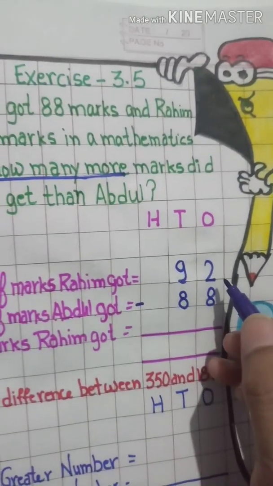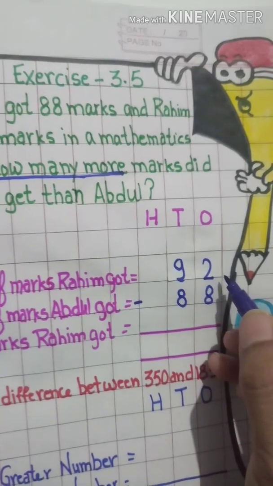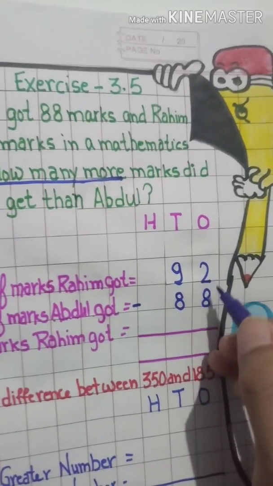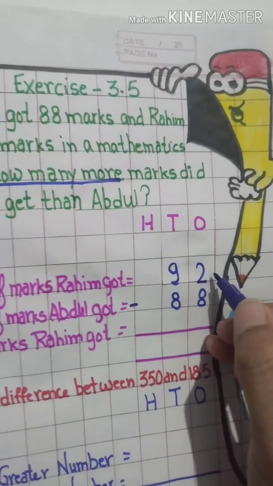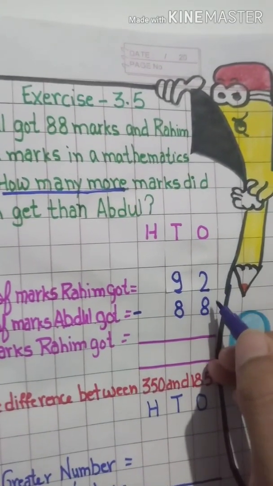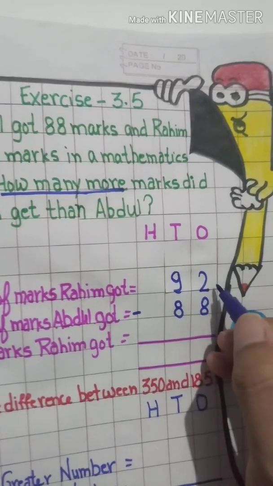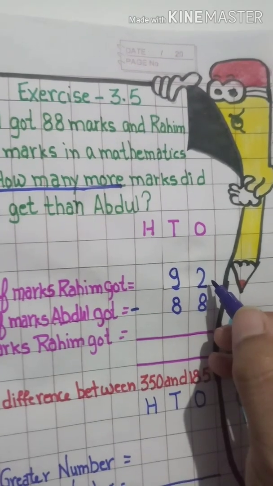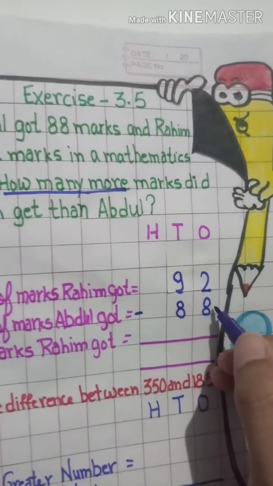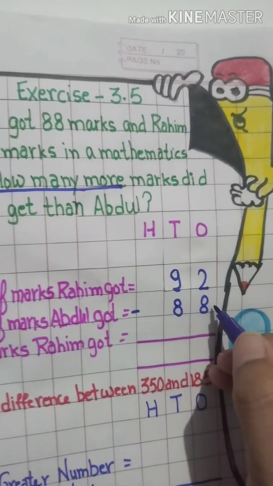And always we will start from the ones place. Here 2 and 8. Always we write the bigger digit first, and we subtract the smaller digit from the bigger digit. But here 2 is smaller than 8. So what will we do?